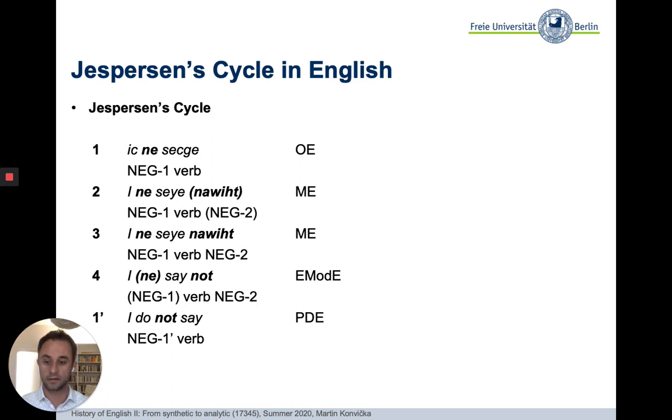But this negator, in contrast to the one in the first stage, is not used pre-verbally, but after the verb, post-verbally, right? So you have this development from one pre-verbal negator to two negators, one in front of the verb and one after the verb, and then in the end, only one negator again, but after the verb.